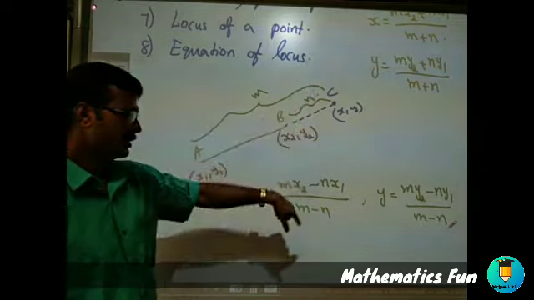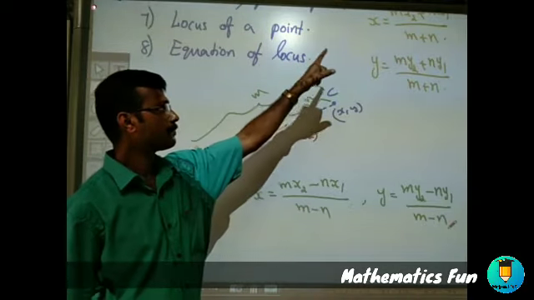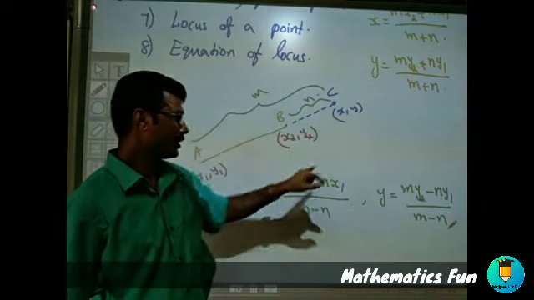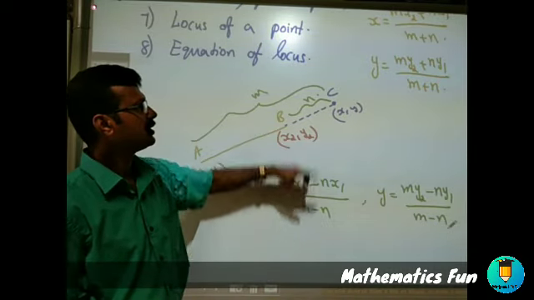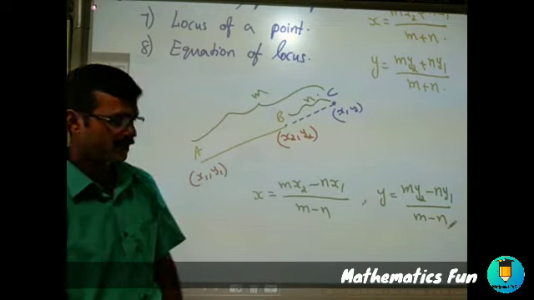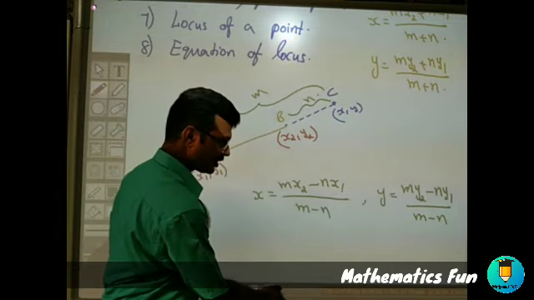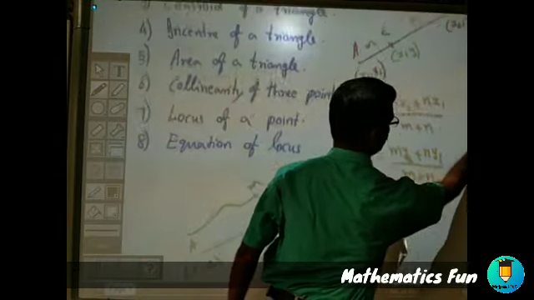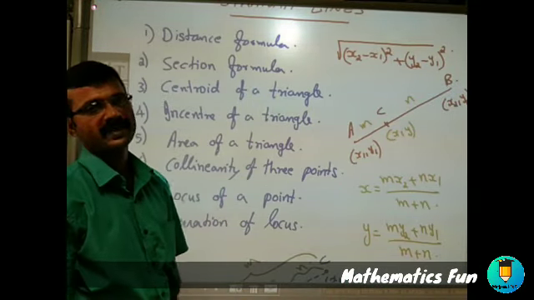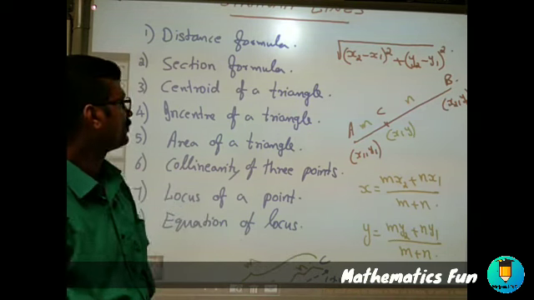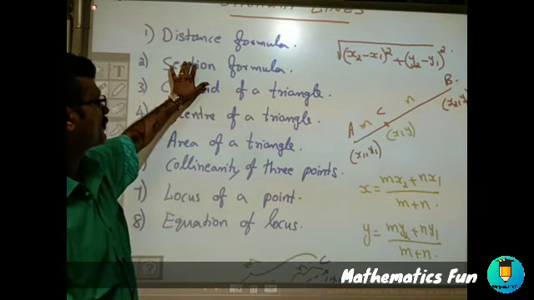See, there is only one difference if you look at these two: there it was plus, and here it is minus. This is the situation of external division, and that was the situation of internal division. So in the section formula, two situations are there, internal and external. Internal division is studied in standard 10, and external division is coming in standard 11.